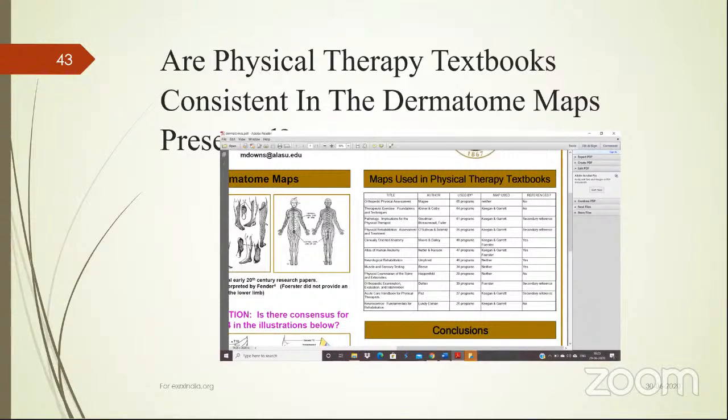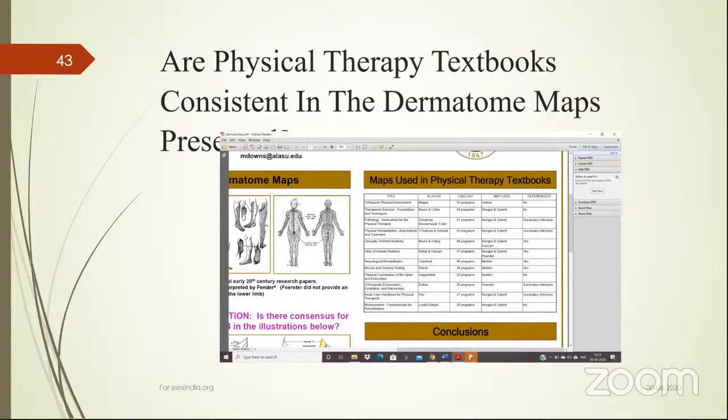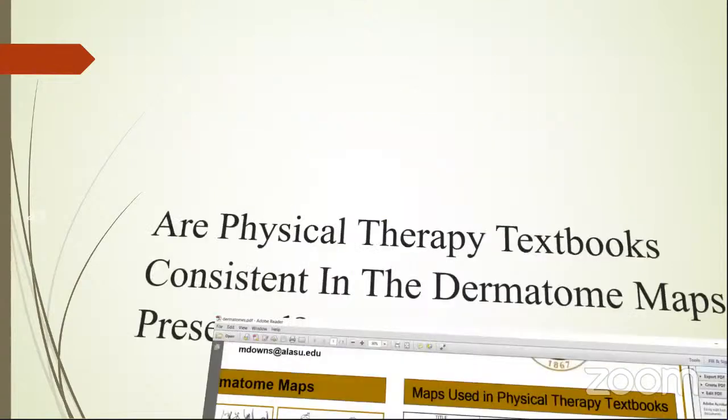O'Sullivan is also using Keegan and Garnett. So mostly the physiotherapy books we follow use Keegan and Garnett, and some don't mention which mapping they are using.